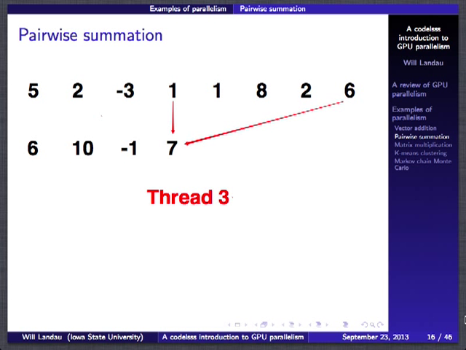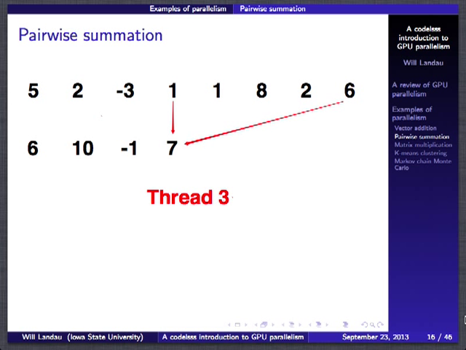Notice that I have these pairwise sums, and the sum of these is going to equal the sum of these up top. So I have just reduced the problem of summing 8 things to a problem of summing 4 things. And all these threads happen simultaneously. So in the best case scenario, computing all these sums only took the time of computing one ordinary sum, because all these sums happen simultaneously.